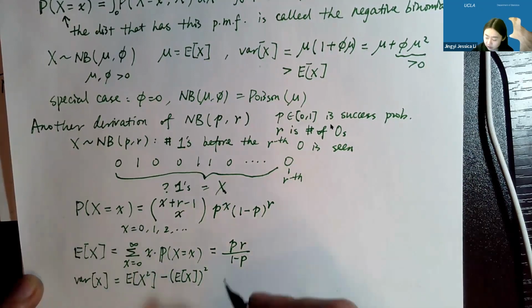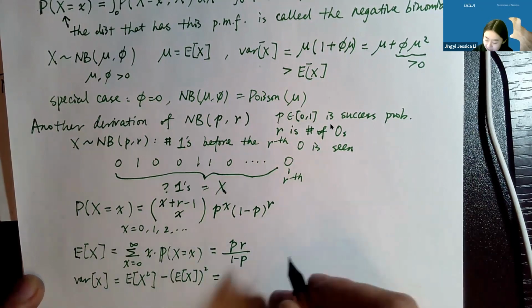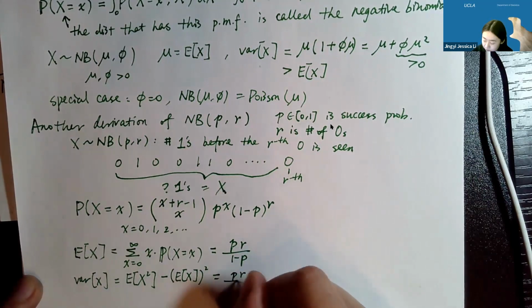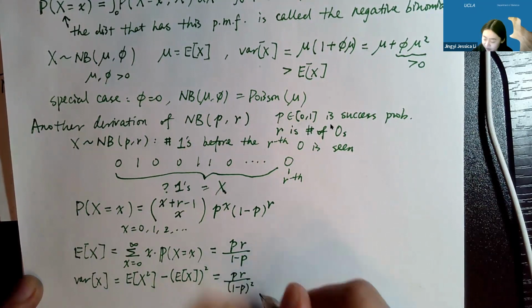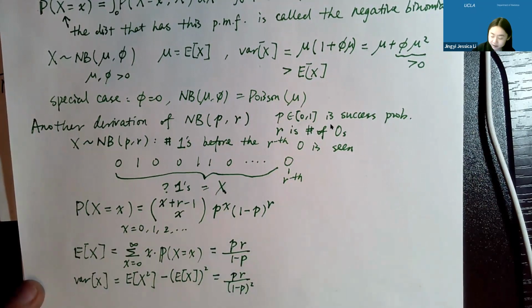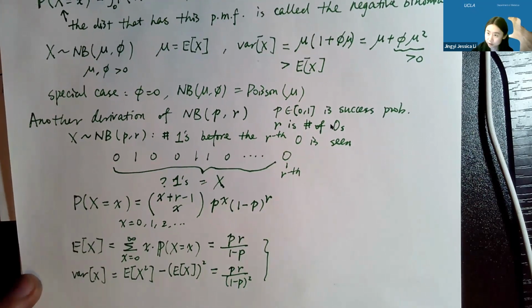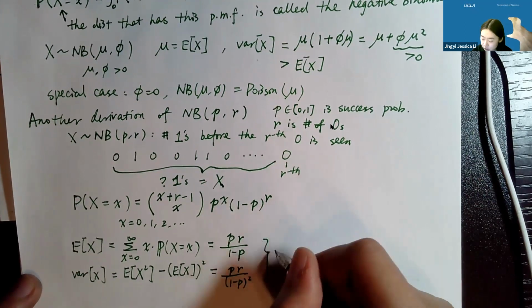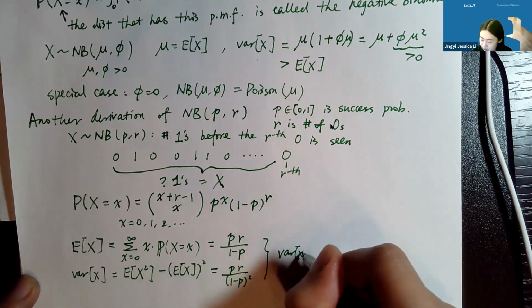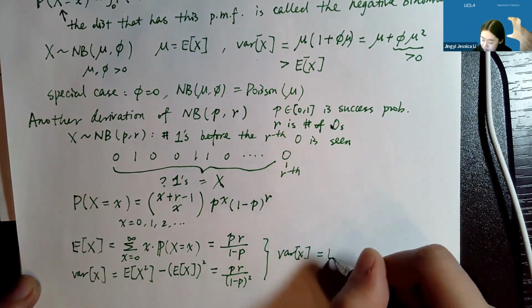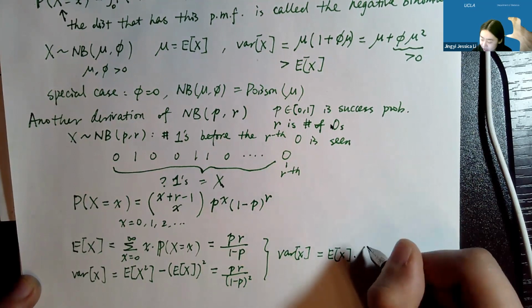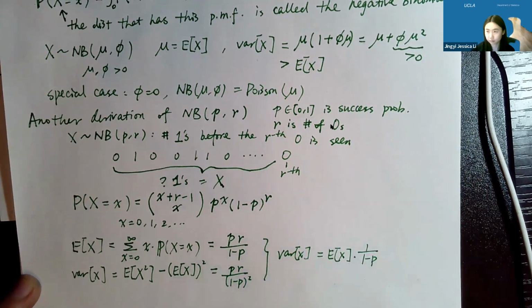I'll just give you the result. It's actually p times r over 1 minus p squared. So if you compare these two, you can see the overdispersion also holds for this derivation. Here the variance of X happens to be the expectation of X times 1 over 1 minus p.